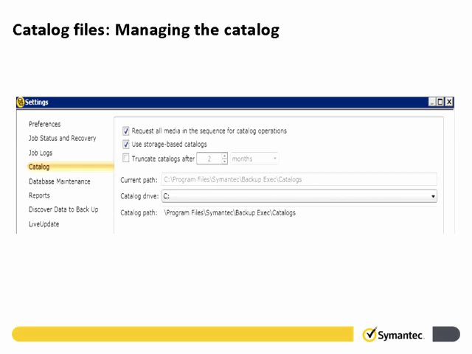The next one here is to use storage-based catalogs. That means that we're going to write them to the hard drive. The truncate catalogs option can be particularly important if you're keeping data for a very long period of time.